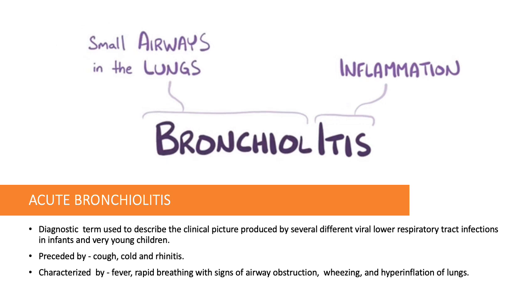What do I mean by very young children? Children of less than 2 years of age. It is usually preceded by a 2-3 days history of cough, cold and rhinitis, which is called viral prodrome, and it is typically characterized by fever of moderate grade, rapid breathing with signs of airway obstruction, wheezing and hyperinflation of lungs. So that is how we define bronchiolitis.